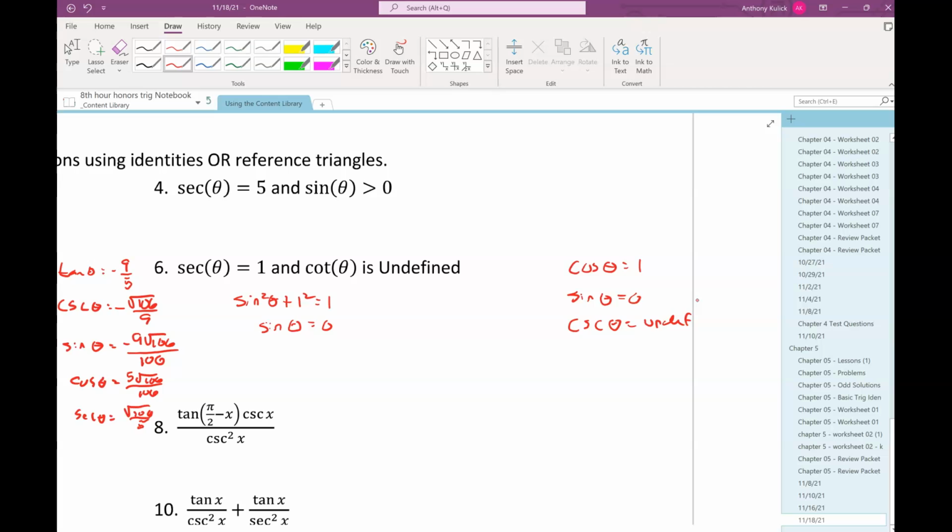Since cotangent is undefined, it tells me its reciprocal must have been 0. So probably the observation that 0 and undefined are reciprocals was the trick there. But if you made that realization, everything else flows pretty naturally from there.